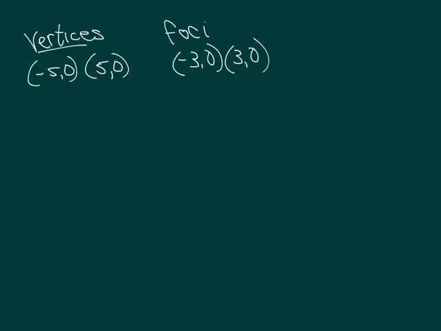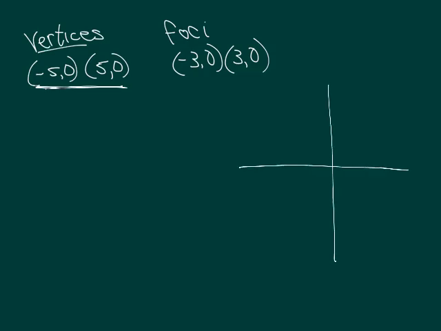So the standard equation is based on, first of all, where the vertices are. In this particular one, the vertices are on the x-axis because we're at -5, 0. That means we go to the left 5 and up or down 0, and to the right 5 and up or down 0.